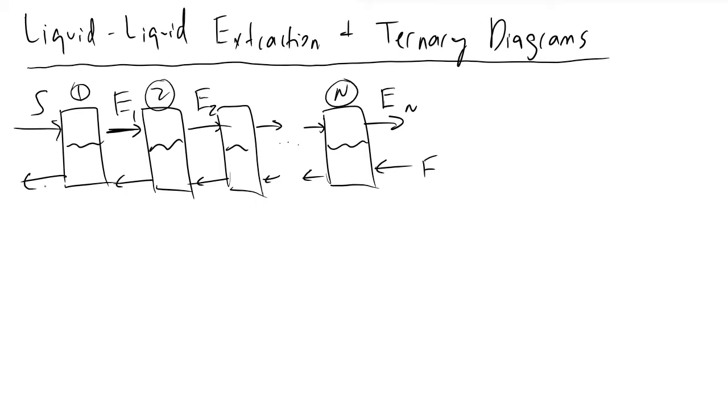Leaving our first tray, the tray that our pure solvent enters, we will have some retentate composition referred to as R1.